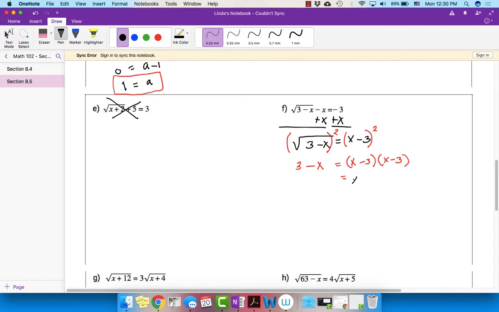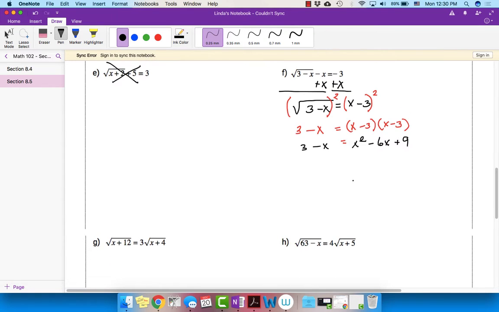So this is going to be s squared minus 6s, and then plus 9, since 3 times 3 is 9. And then you have a 3 minus s. When you look at it, it is a quadratic problem, so you know that one side has to be equal to 0. So I subtract 3 and add s to both sides at the same time.